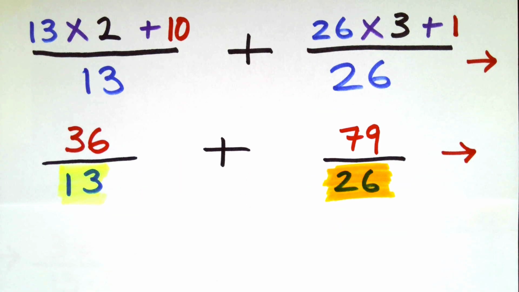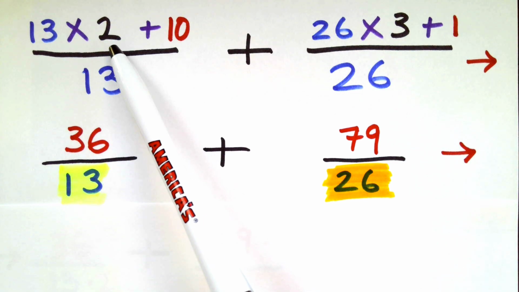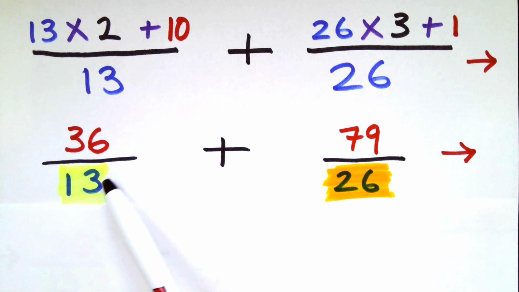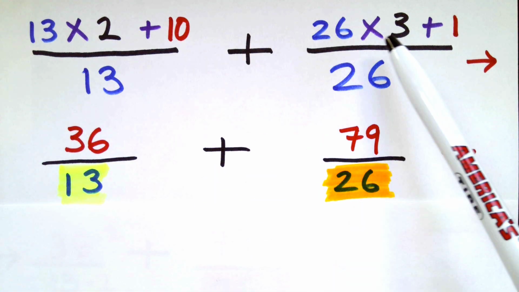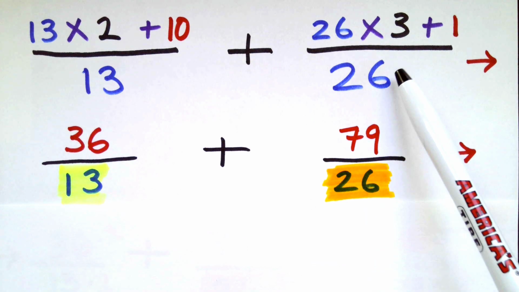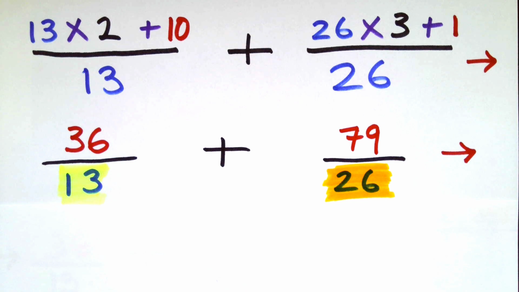So 13 times 2 is 26, plus 10 more gives you 36 over 13, plus 26 times 3 is 78, plus 1 is 79 over 26. So now we have our two mixed numbers converted into improper fractions. We're going to add them, but we need to have the same common denominator, same number on the bottom, in order to do that. Take a look and see.